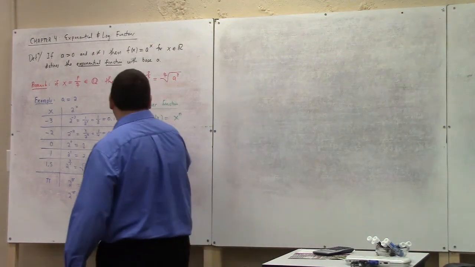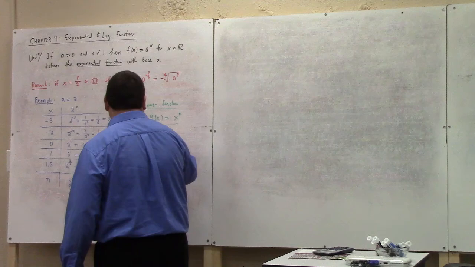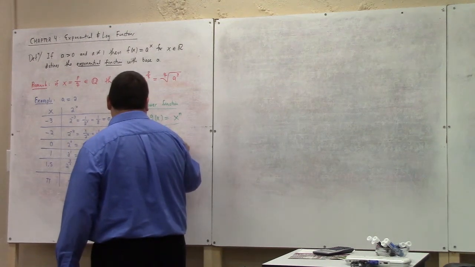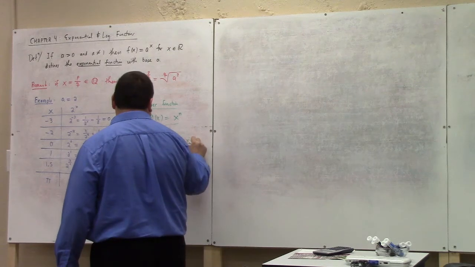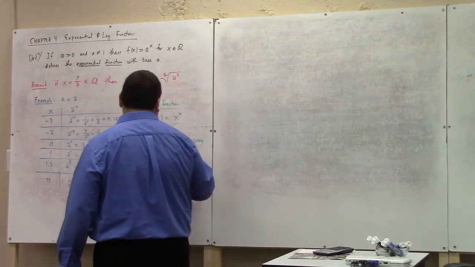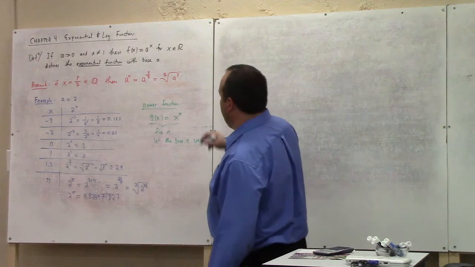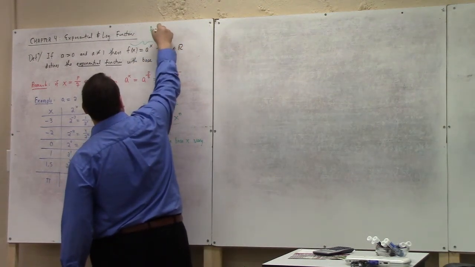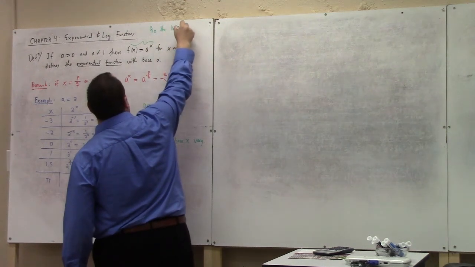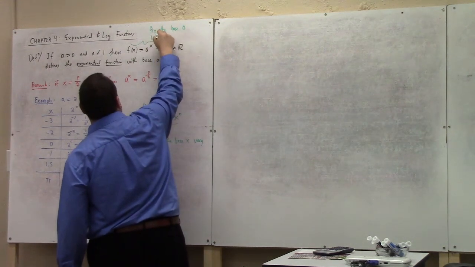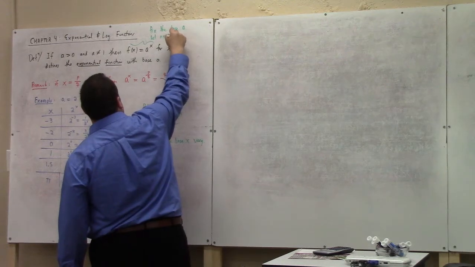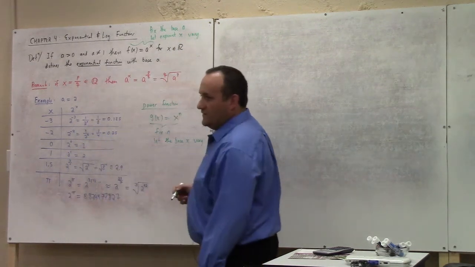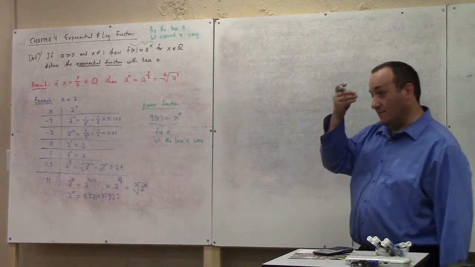Here, we typically fix n, and we let the base x vary. For the exponential function, we fix the base a, and we let the exponent x vary. So the label of the function corresponds to the variability of the function.